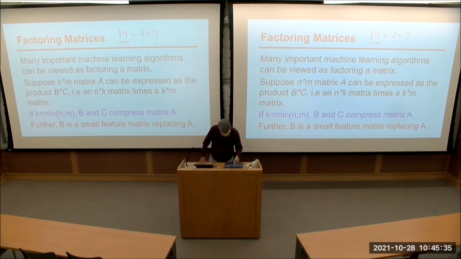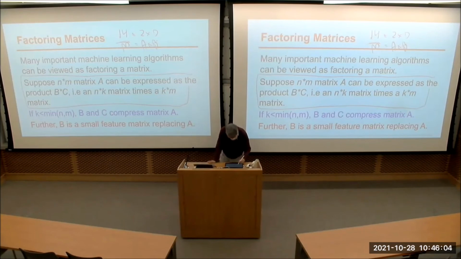You can sometimes express a matrix, M, as the product of two other matrices. It turns out to be a very, very nice thing if you could factor a matrix into products where the matrices are of lower dimension.